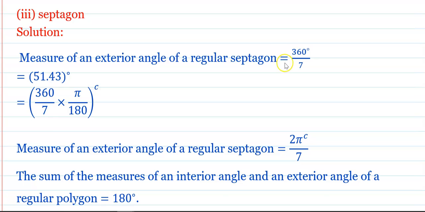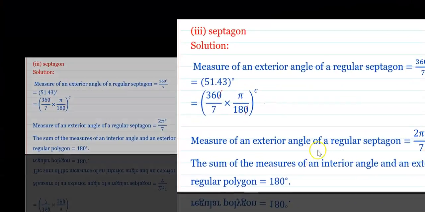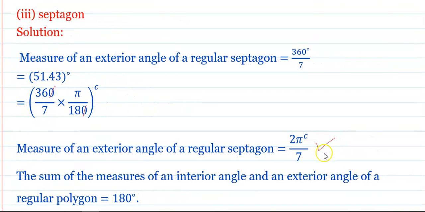Again we will convert this 360 upon 7 degrees to radian, 360 upon 7 into pi upon 180 radian. Okay, and if you simplify this, you will get 2 pi by 7 radian. This is the exterior angle of a regular septagon.